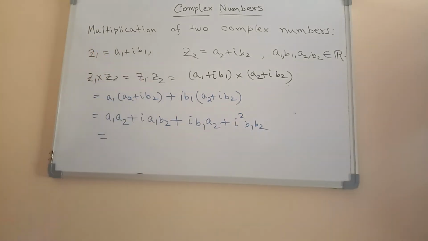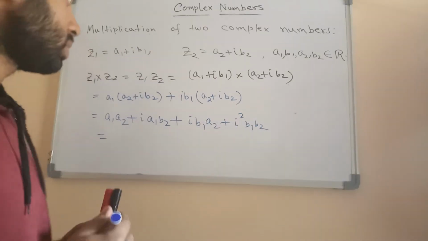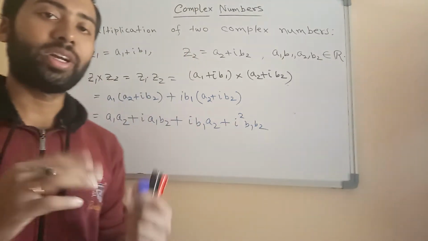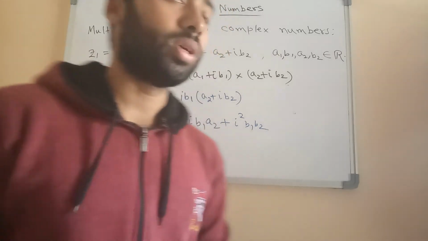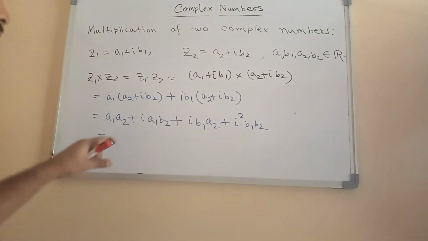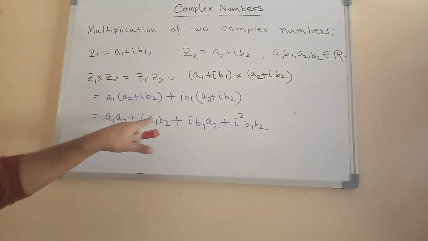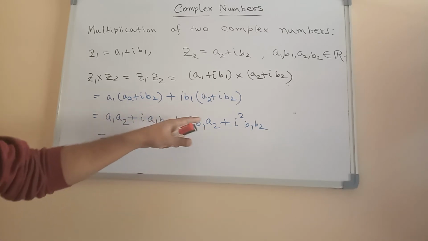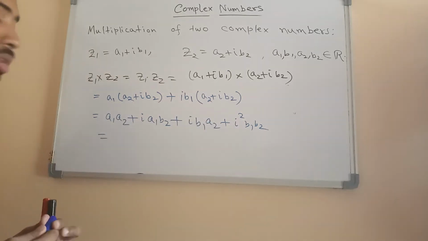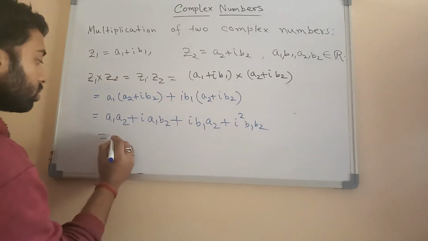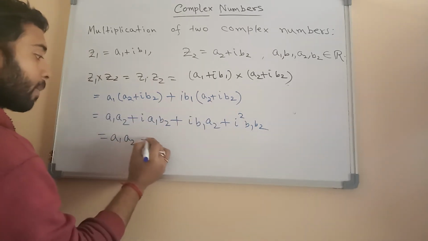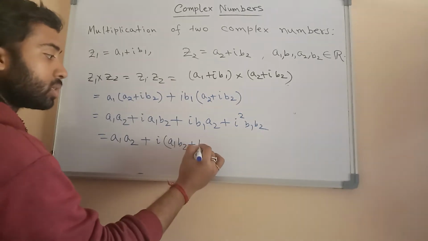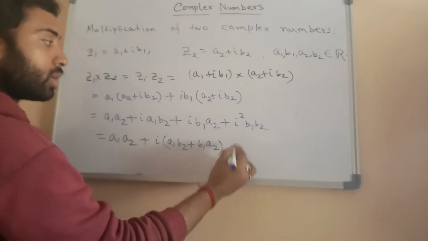So what we did in the case of the algebraic system, we take the x terms all together, y terms all together, and xy terms all together. The same thing we will do here. We will take the terms along with the imaginary unit i all together and other terms all together. So a1 a2 plus, take common i, it becomes a1 b2 plus b1 a2, plus i square.